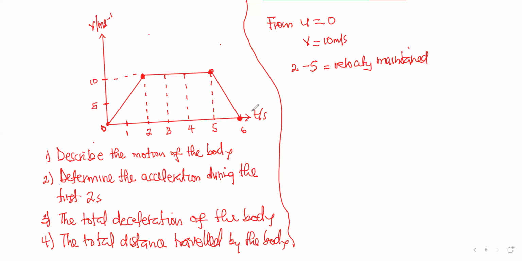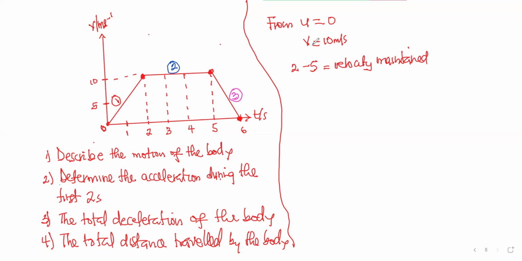So it took 1 second for this uniform deceleration, where the velocity was reduced from 10 to 0. So part 1 is about uniform acceleration. Part 2 is about 0 acceleration, where the speed is maintained. And then part 3 is also uniform deceleration. Class, I hope you understand.